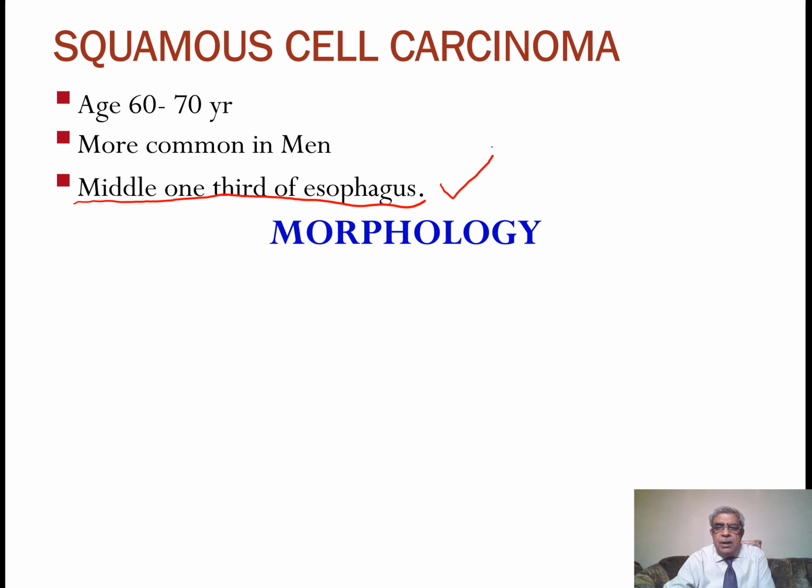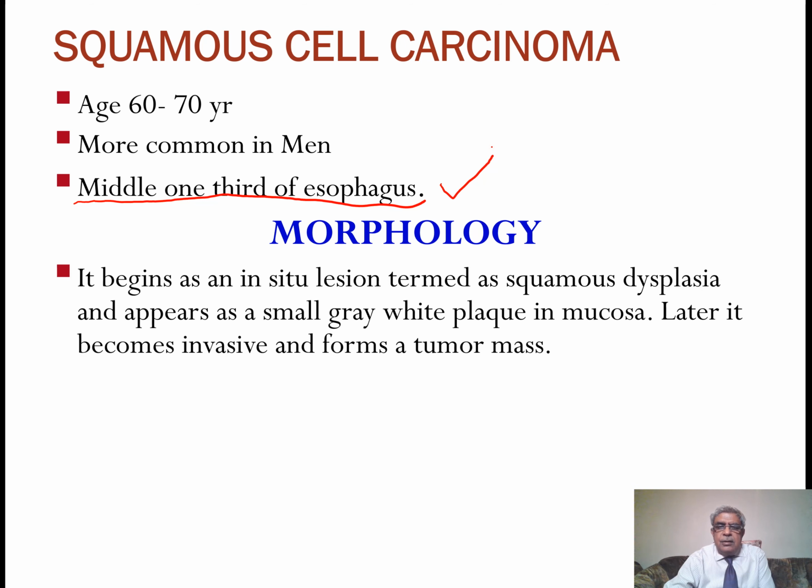Morphology: it appears as a dysplastic lesion or in situ lesion termed as squamous dysplasia, which is a small grayish white plaque in the mucosa.